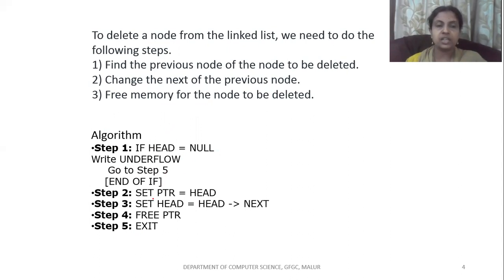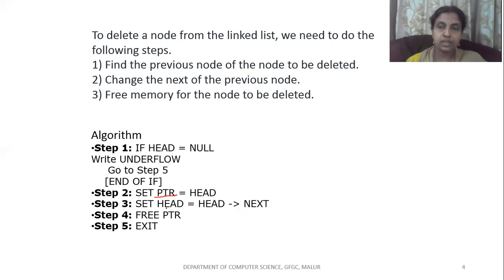Otherwise, if head is not null, set the pointer PTR equals to head. The first head alli yav value irutte? First node address. So that address you make it PTR. Next, you say head equals head of next. So what was head of next? You need to take the address part of the first node and set it to head.